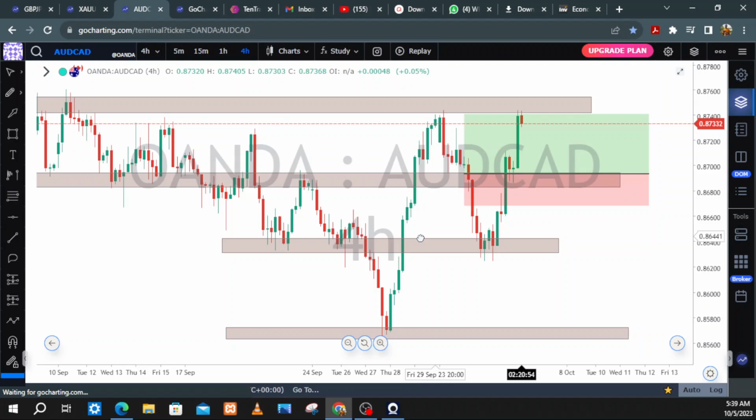The reason being that the market approached a previous support, and aside that, if I put my Ichimoku indicator, you realize that the future of AUDCAD was bullish. Is that okay?